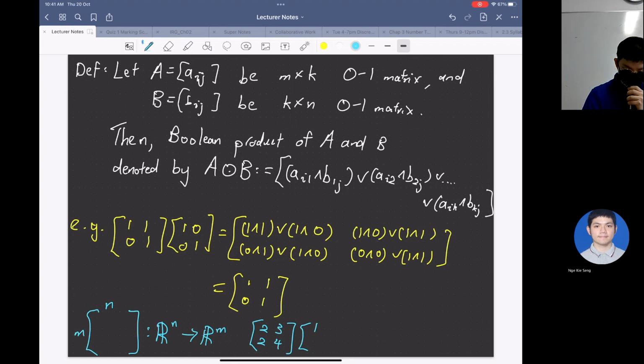If you multiply this 2 by 2 matrix with a 2 by 1 matrix, you get a 2 by 1 matrix, which is in R2.